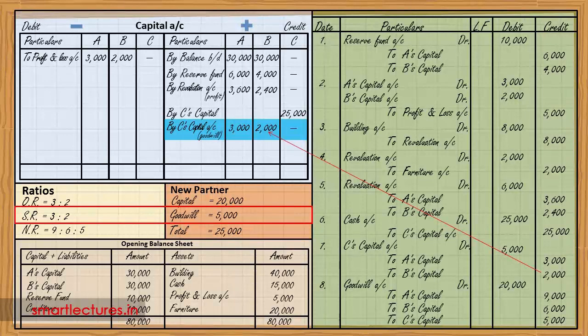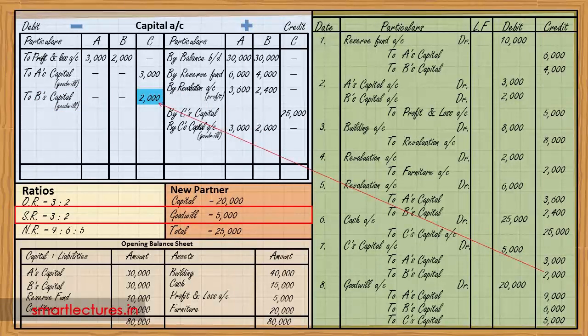Now come on the debit side to A's capital, to B's capital. That is for Goodwill. Please write down Goodwill in the inner column 3,000 and 2,000, both amounts in the C's column.